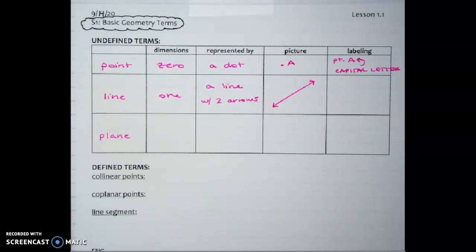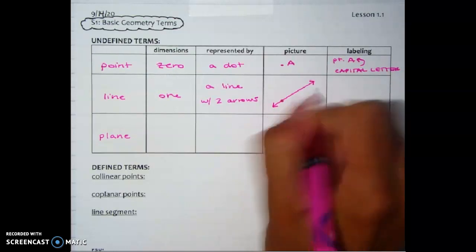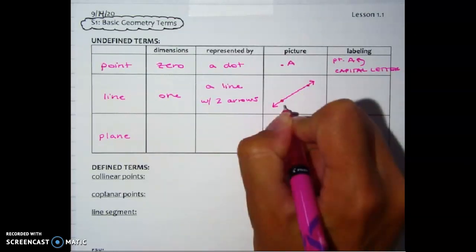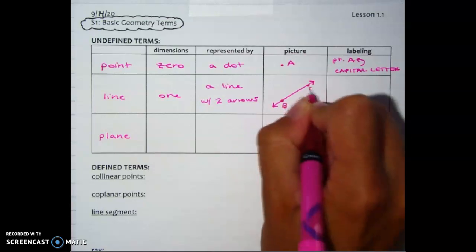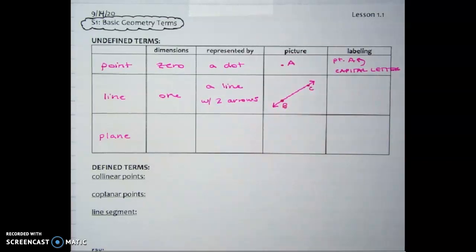The first one is using points. So if you have 2 points on your line, which we always do, okay, so I'll call this point B and I'll call this point C. I put a dot there and a capital letter, so those are points. Then that line can be named line BC, or it can be named line CB.